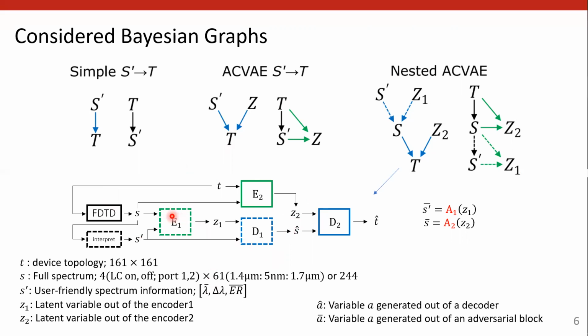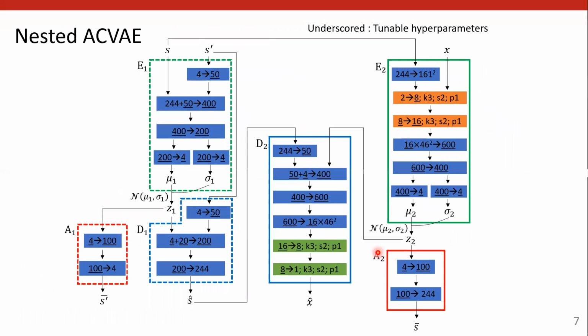It consists of two pairs of encoder-decoder. In detail, it will manifest in this kind of network architecture where all the blue blocks are the fully connected layers, oranges are the convolution layers, and the greens are the deconvolution layers. Here, the red boxes are the adversarial blocks.